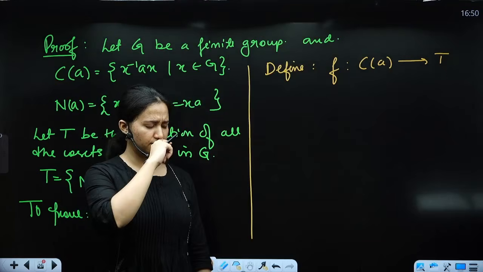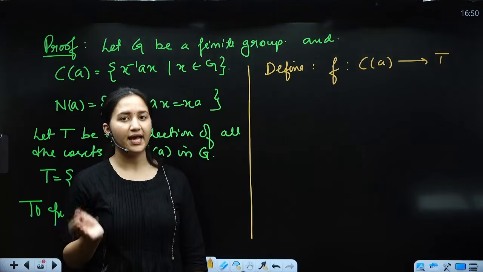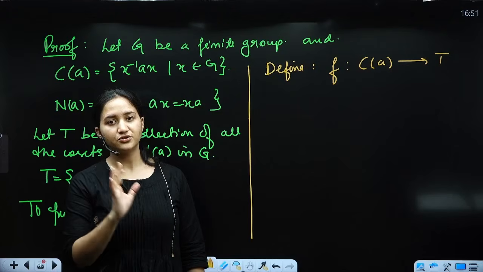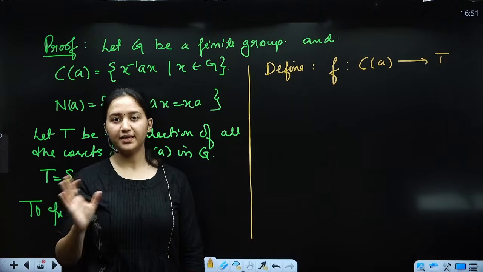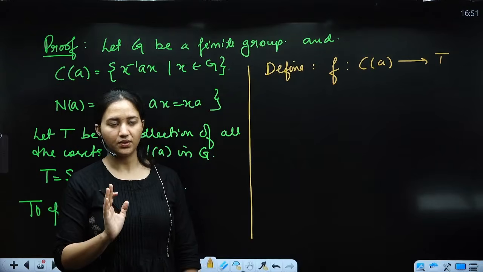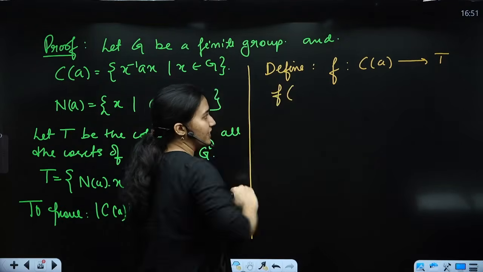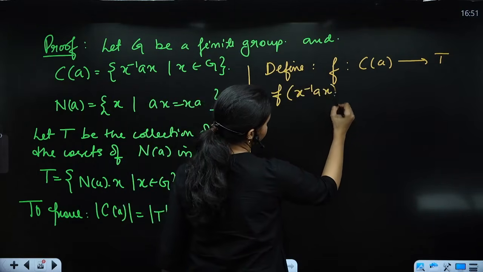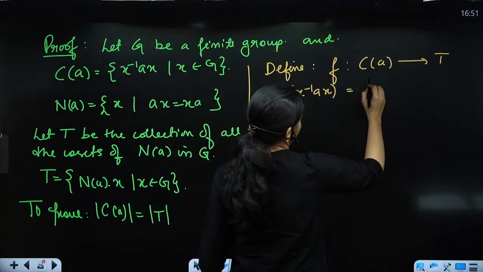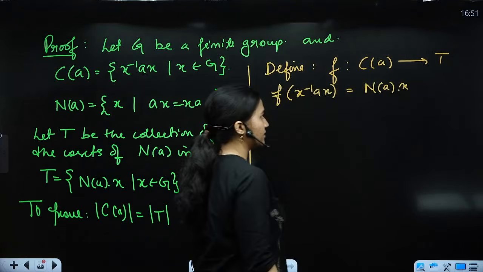If I am able to prove that this function is both 1-1 and onto, then we know the cardinality of the domain and the codomain are equal to each other, right? So let me define the function. What are the elements in the centralizer of A like? They are x inverse a x, mapped to NA x, right? So this is what is happening here.